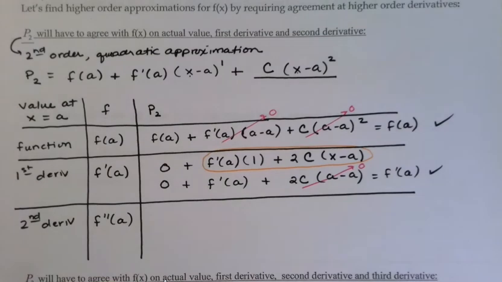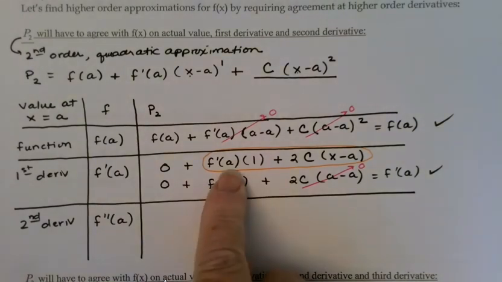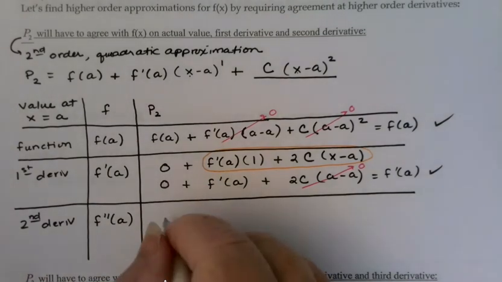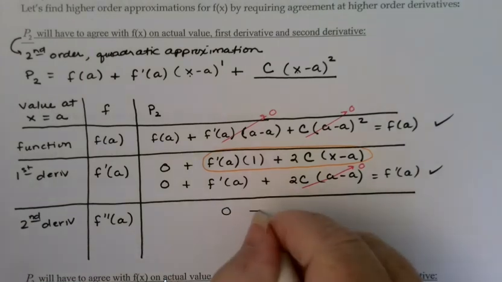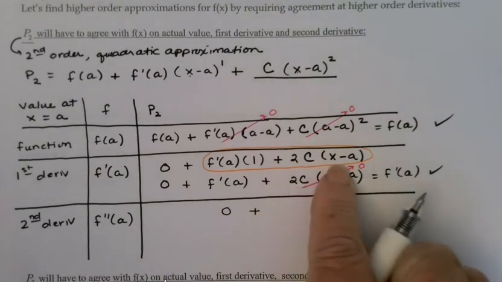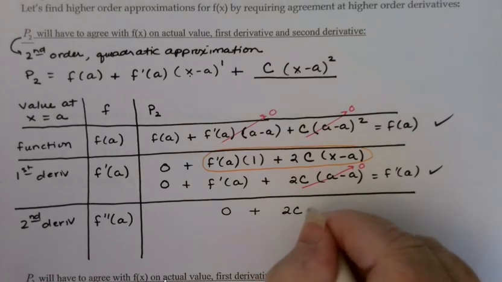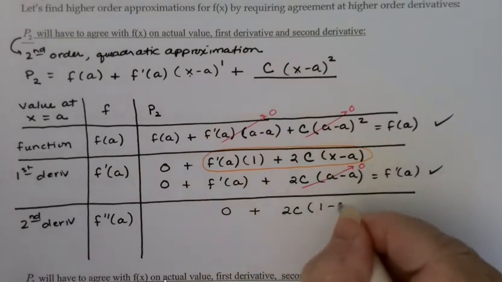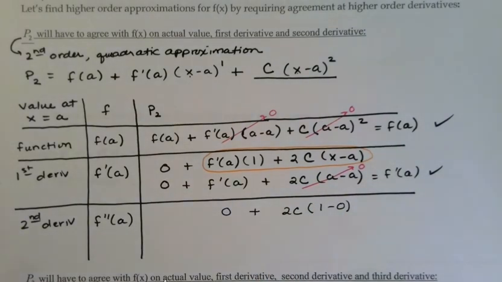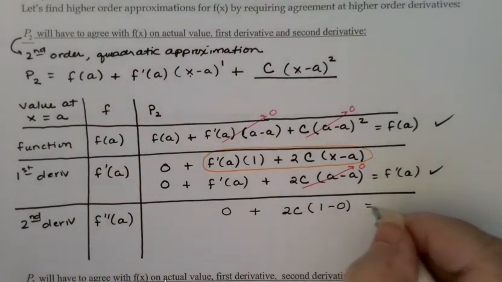If I take another derivative of that, the derivative of this constant would be 0, plus the derivative of this term would be 2c times 1 minus 0. And that's going to give me just 2c.